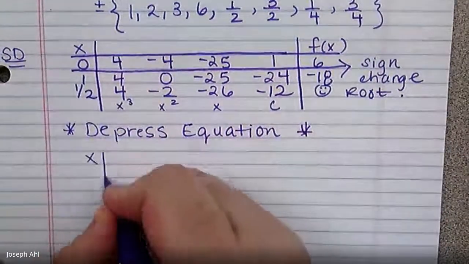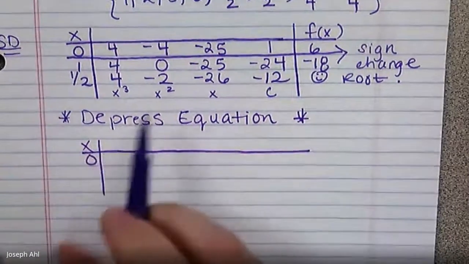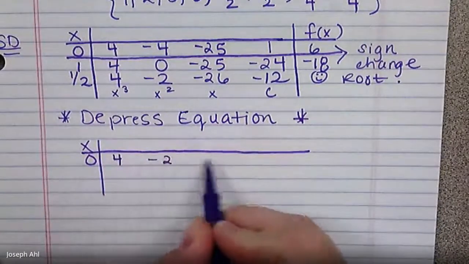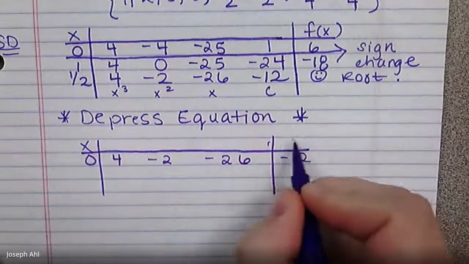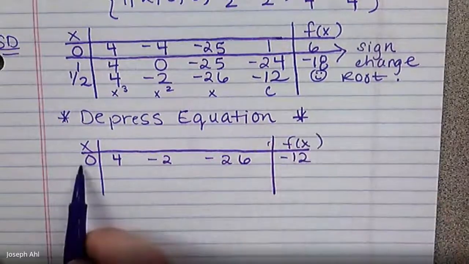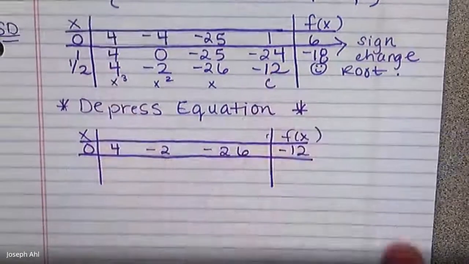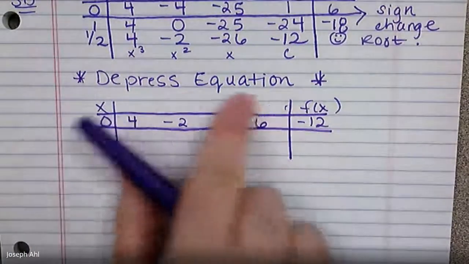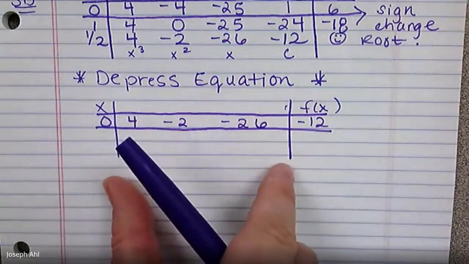So I'm actually just going to make a whole new chart here for synthetic division, where now I'm going to test in these 4 coefficients: 4, -2, -26, and then -12. This is the only part of the process that changes a little bit. And it just involves doing a little bit more synthetic division. Because if you now find a root within this cubic polynomial, then you'll have it reduced to a quadratic, and that's the whole goal.